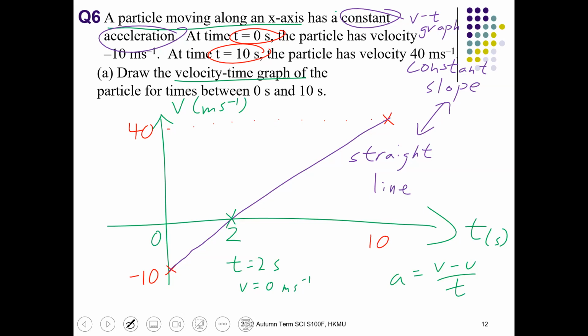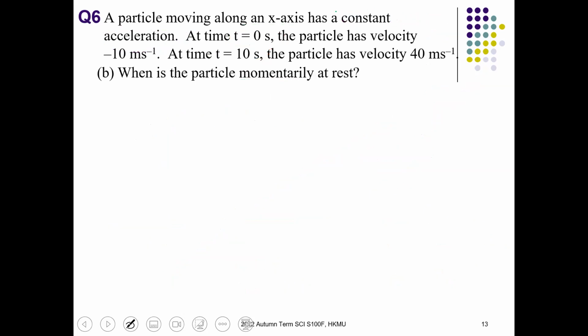We know when the object changes its direction when it reaches the velocity of 0 meters per second, so at time t equals 2 seconds, it goes to the state of the momentary advance. So in part B, this is t equals 2 seconds.